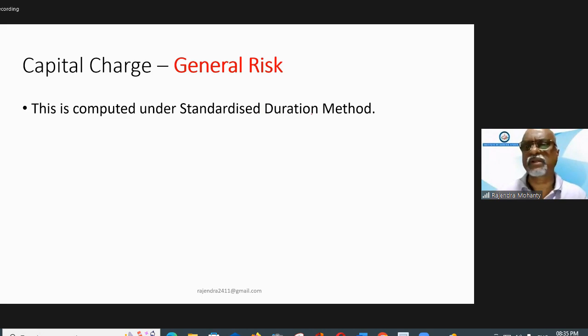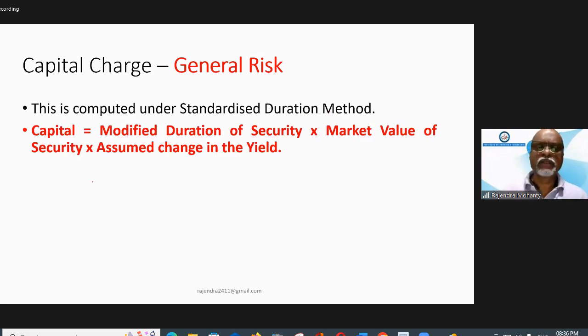The standardized duration method is more precise than the maturity method, because it gives a more accurate picture so that we can calculate the exact amount of capital needed to cover the losses. This is the popular method under which this calculation is done. So the capital is equal to the modified duration of the security.